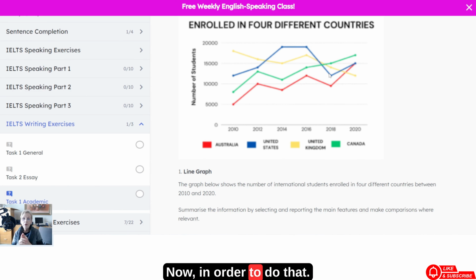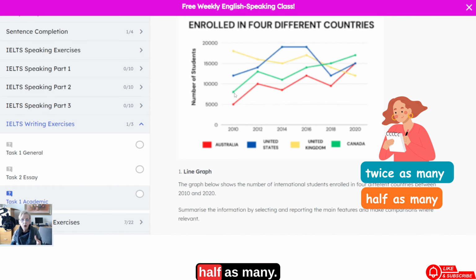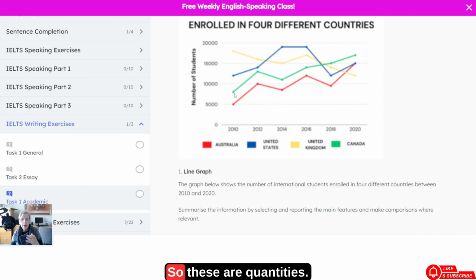Now, in order to do that, you need to be familiar with words such as twice as many students were enrolled in the United Kingdom as were in Canada, for instance, or twice as many, half as many. So these are quantities.